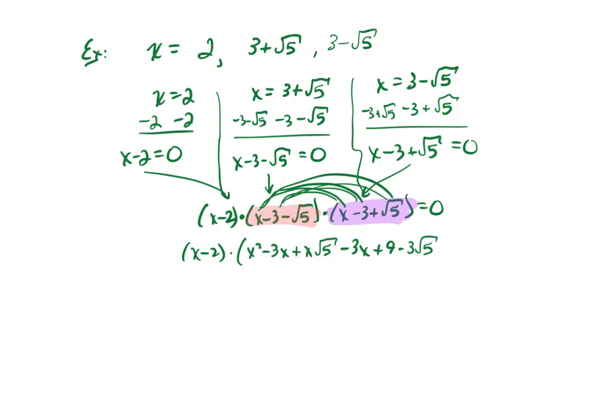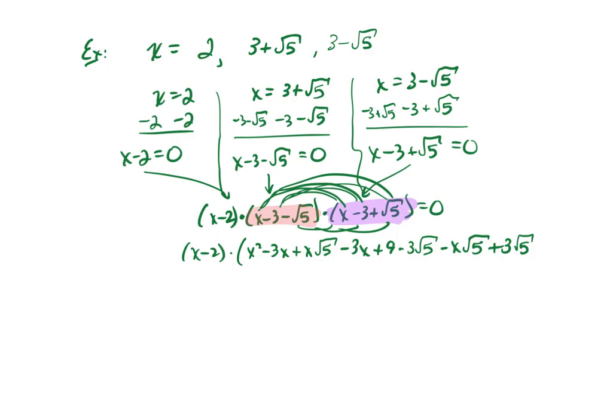And then finally, I pick up the negative square root of 5 and distribute it to all three. So negative square root of 5 times x, negative square root of 5 times negative 3, and negative square root of 5 times positive square root of 5.